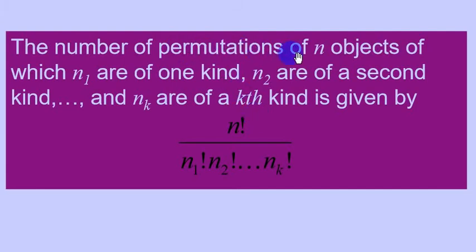So the number of permutations of n objects of which n sub 1 are of one kind, n sub 2 are of a second kind, and so on, would be given by n factorial all over n sub 1 factorial times n sub 2 factorial, and so on, times n sub k factorial, which is what we illustrated a while ago.